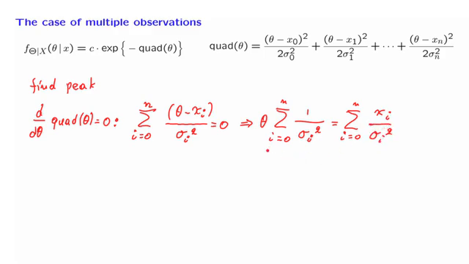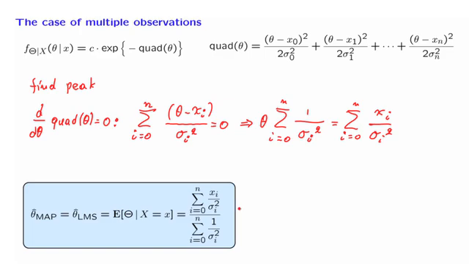And finally, we take this sum here and send it to the denominator of the other side. And this gives us the final form of the solution. The peak of the posterior distribution, which is also the same as the conditional expectation of the posterior distribution. Whenever we have a normal distribution, the expected value is the same as the place where the distribution is largest.